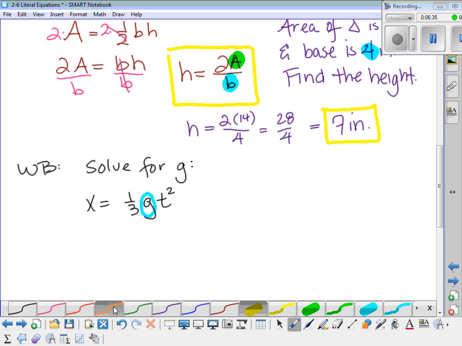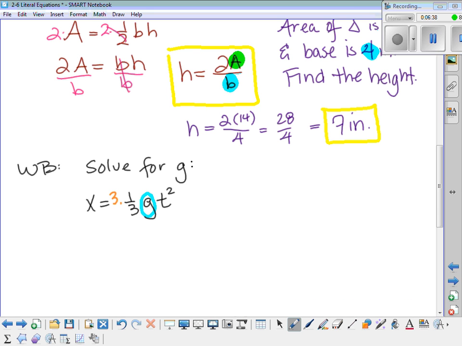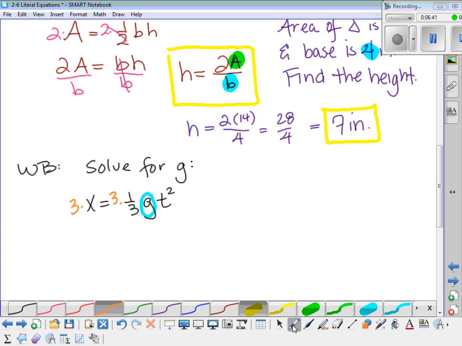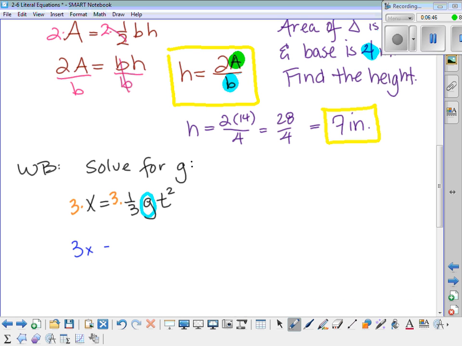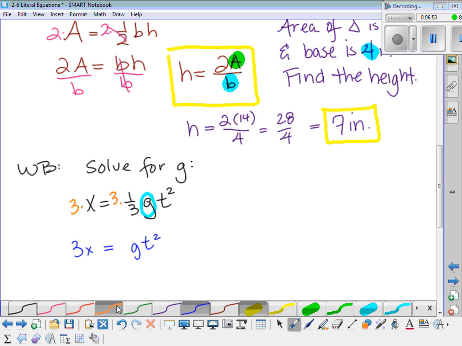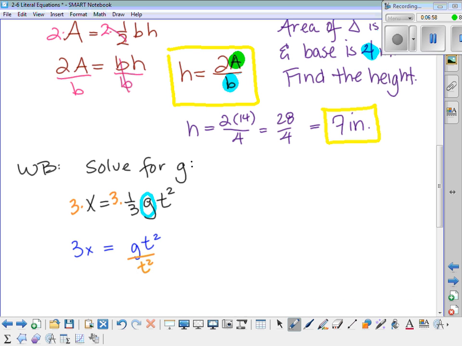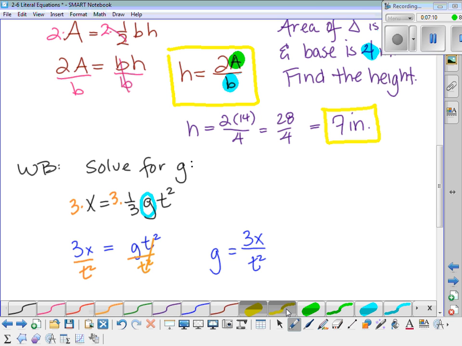The reciprocal of 1/3 would be 3 over 1, or just 3. So we multiply both sides by 3, and then we have 3x is equal to G times T squared. Since we're multiplying times T squared, we can divide both sides by T squared. So the final answer would be G is equal to 3x over T squared.